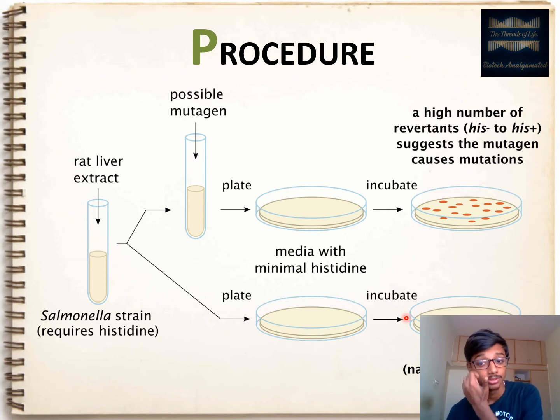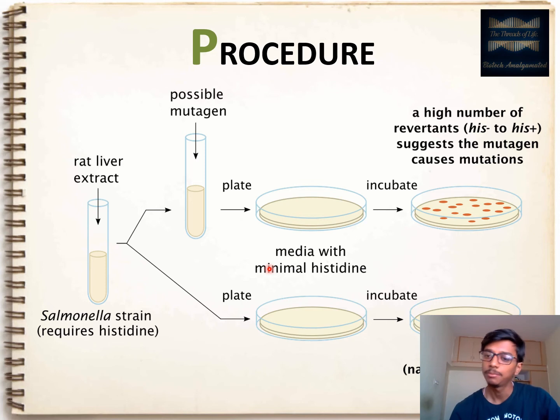Now, the results obtained were that in the test petri dish, a huge number of Salmonella colonies were obtained, whereas in the control plate there were only a few Salmonella colonies.